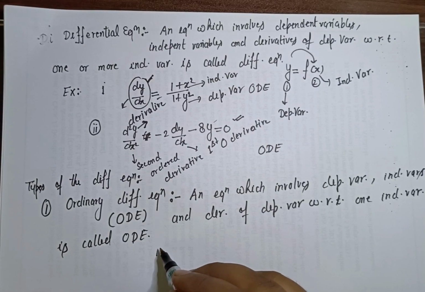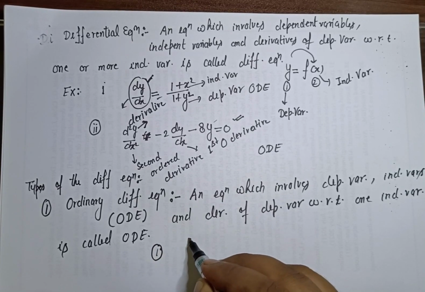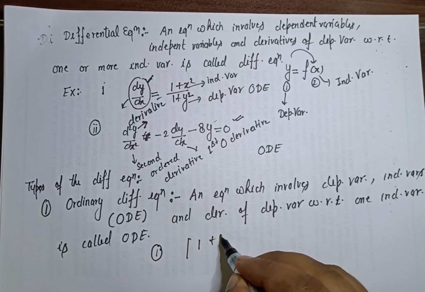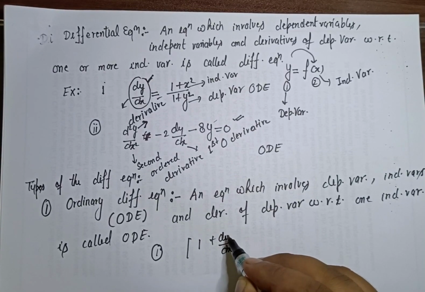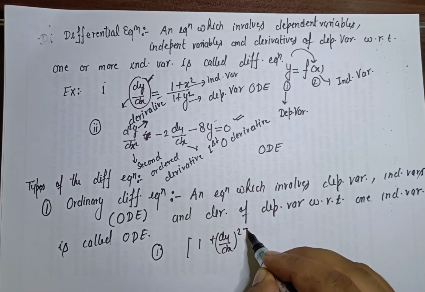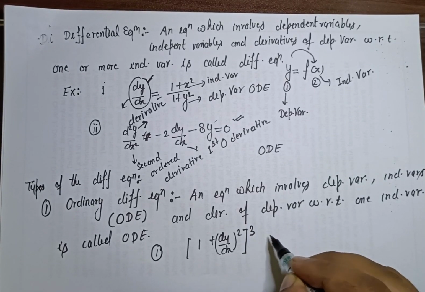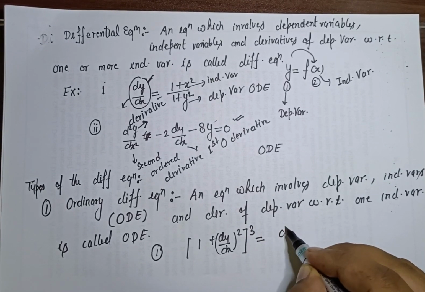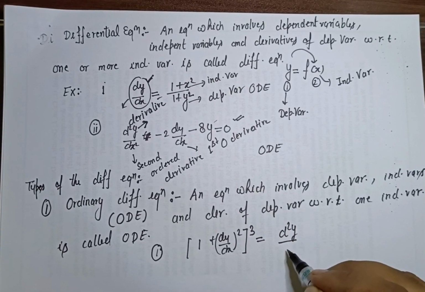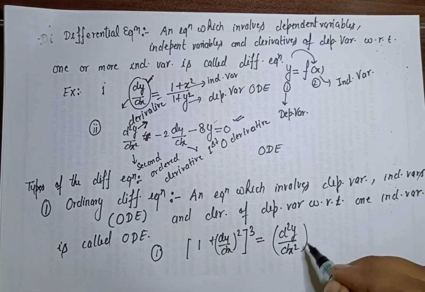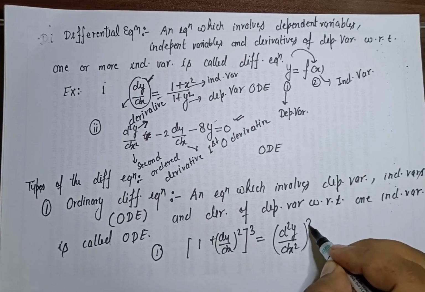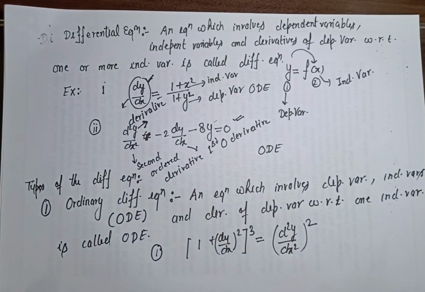There are a number of examples of such type of ordinary differential equation. I'm writing here fresh examples also, like 1 plus dy upon dx whole square, to the whole power 3, is equal to d square y upon dx square, okay? It is another example of the ordinary differential equation, right?